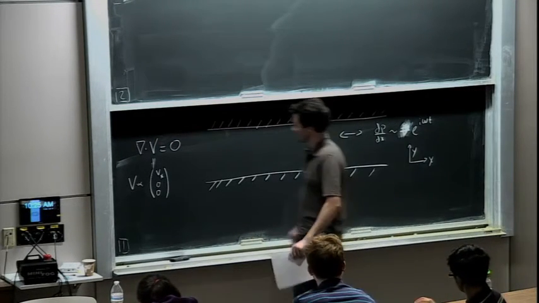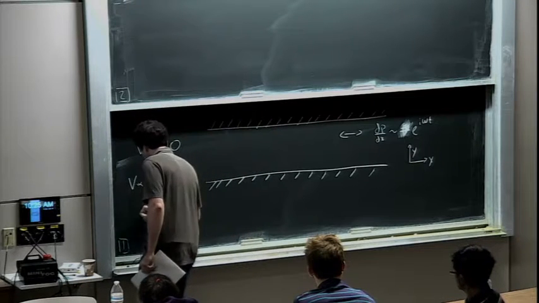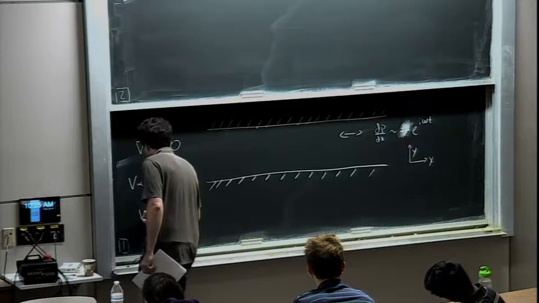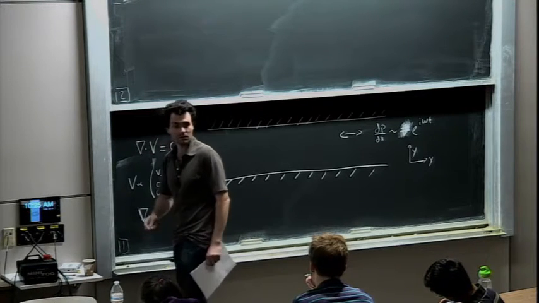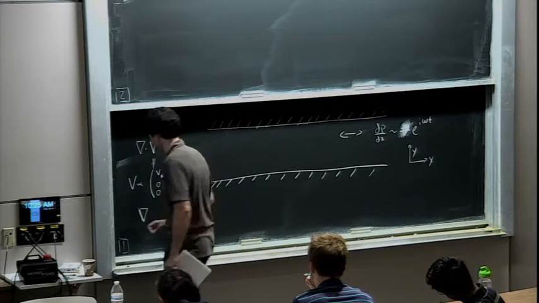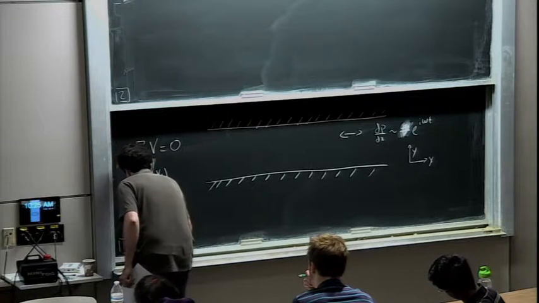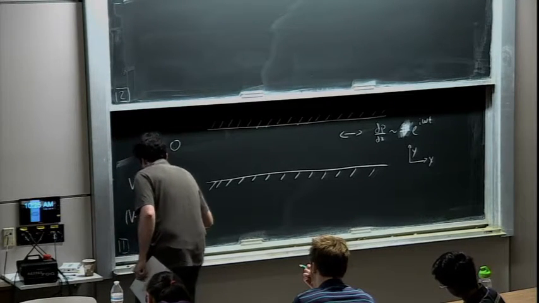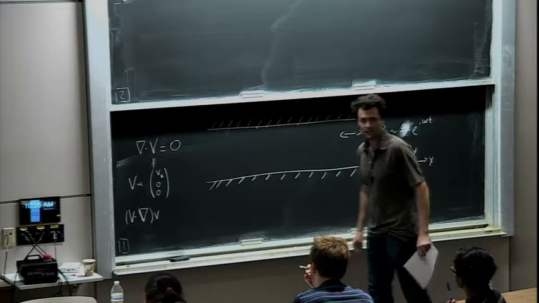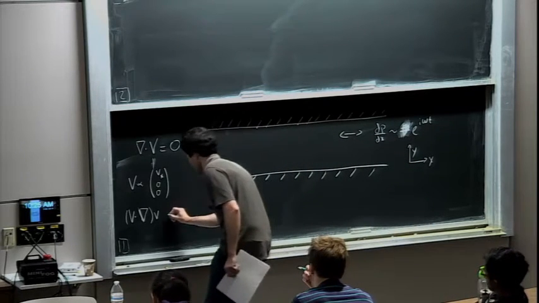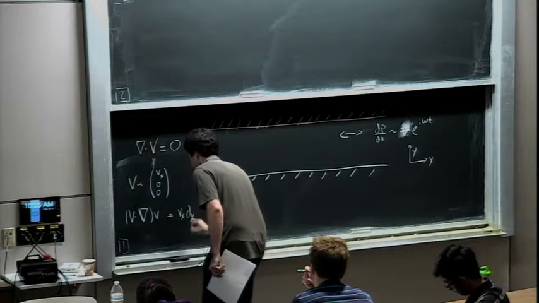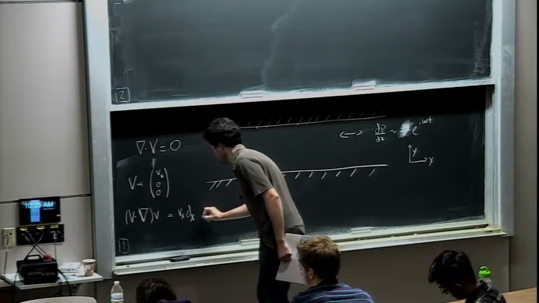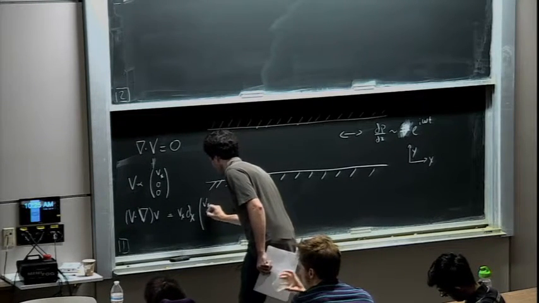And so what we can see immediately is that if we put this inside our nonlinear term, which is a term that we're already worried about because it makes these equations hard to solve, if I consider what v dot grad v looks like, then it just looks like Vx dx of (Vx, 0, 0).